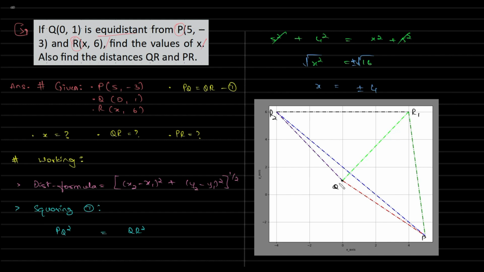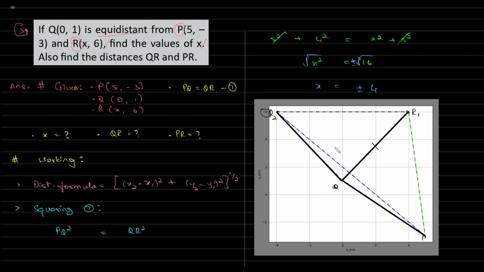The condition is that QP, the length, has to be equal to QR. And we have such 2 points, along the line wherein y is 6. So clearly these are equal. If you take a scale and measure it, and if this is almost a square block, then yes, we have the right answer.